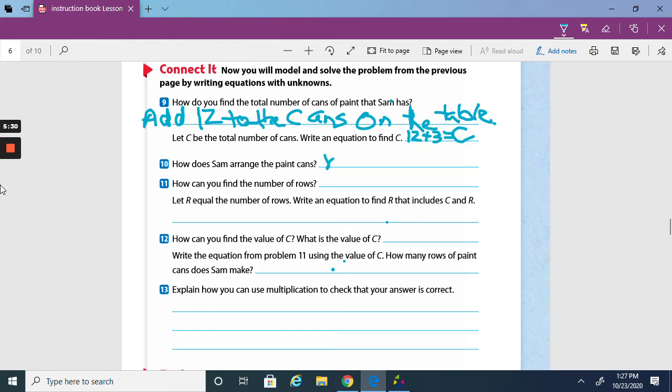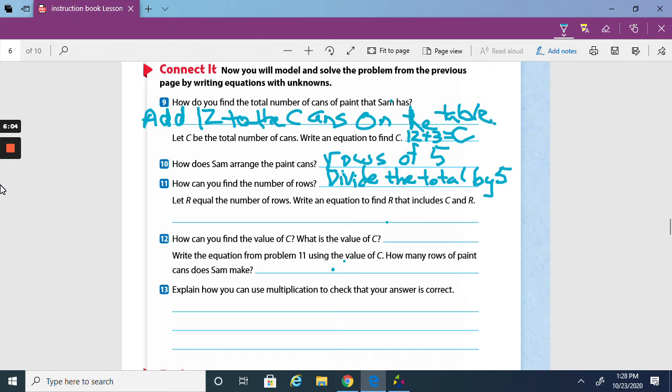He does it in rows of 5. How can I find the number of rows? Here, I'm going to have to divide the total number of cans by 5 because there are 5 cans in each row.